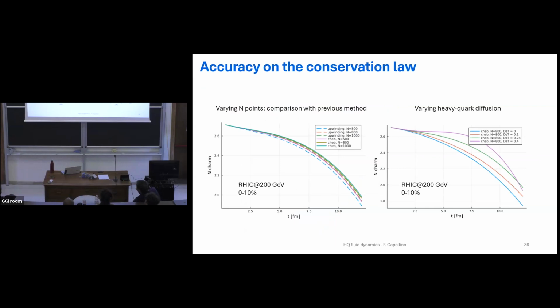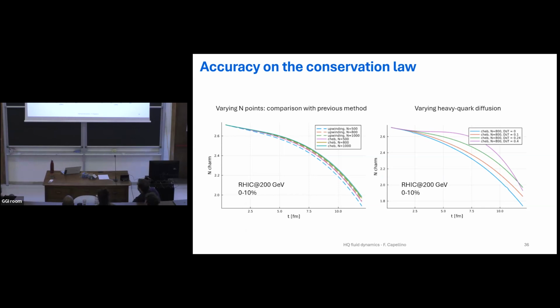And then here we again looked at the conservation law for charm. So again, the number of charm as a function of time. And here, yeah, the quality of the plot is not amazing, but on the left plot, the dashed lines are the ones computed with the previous normal upwinding algorithm, and the solid lines are the ones with the Chebyshev.